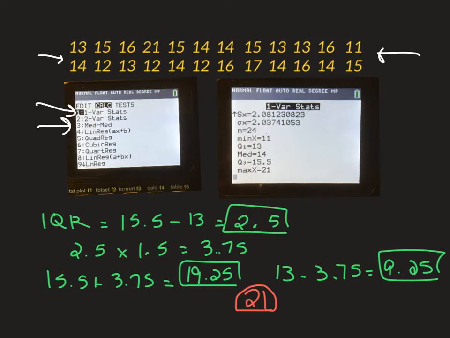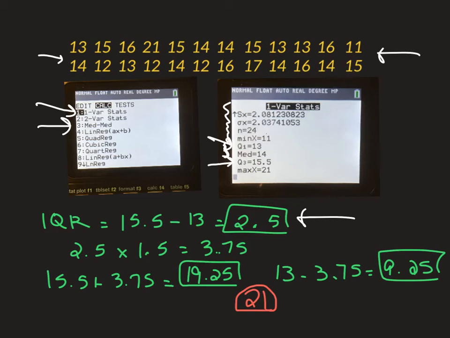When I did that, all these things come up. I scrolled down far enough to find Q1 and Q3. It doesn't actually tell you what the IQ range is, but it tells you what you need to know. So I did the IQ range on this first line by hand: 15.5 minus 13 is 2.5. That's the interquartile range.